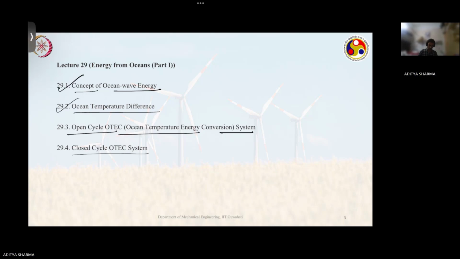Right. In this, the second half of the term is wave. So this wave energy has not been discussed, I believe, in this lecture, but in the next lecture. So we will say it there only.